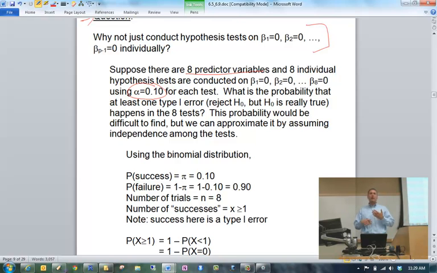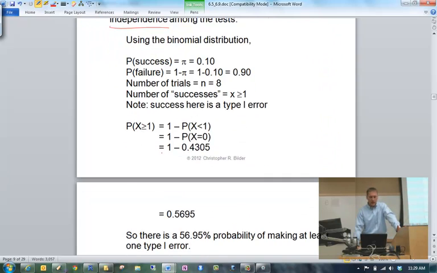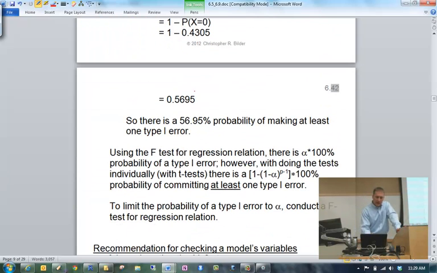It's a difficult thing to actually find what that probability is. So if we make some simplifying assumptions here, we could find a probability. Think of that maybe as an approximation. If we assume independence amongst the tests and use the binomial distribution, the probability of making at least one error, given that H0 is true on each of them, is 57%.